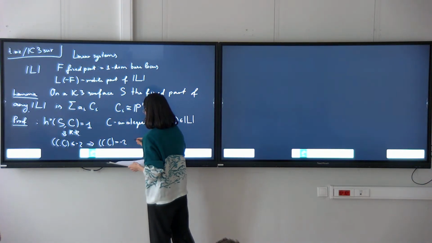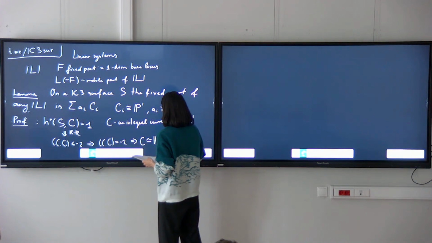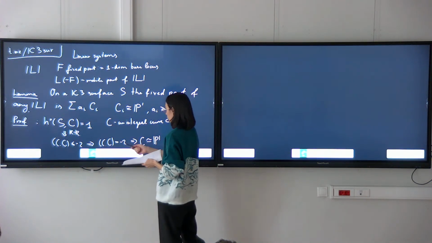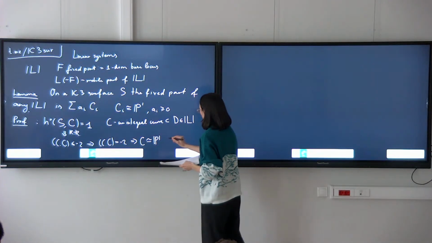Hence we deduce that C is isomorphic to P1, so its arithmetic genus is 0, and it's equal to its geometric genus. Okay.